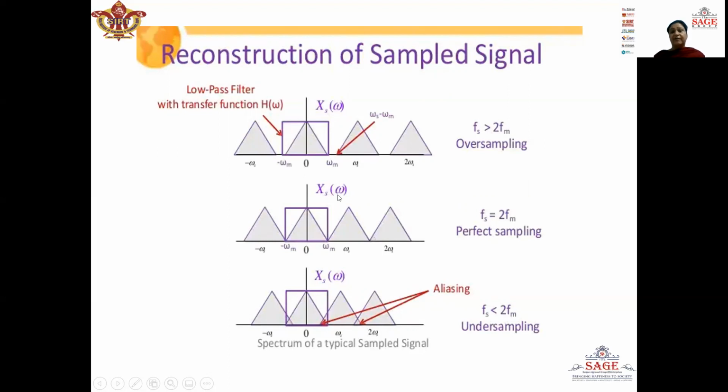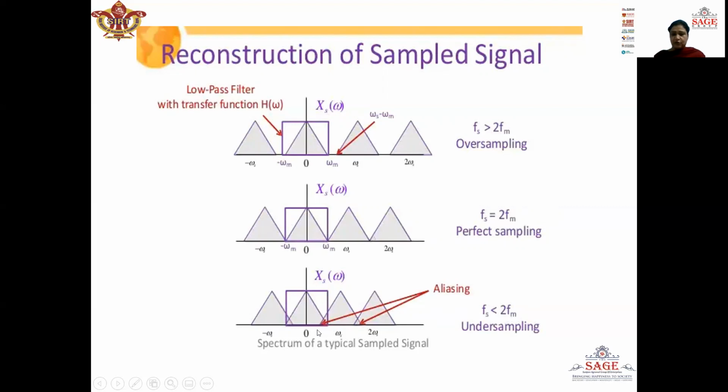Now, for recovery or reconstruction of the sampled signal, it is necessary that the sampling frequency fs should be greater than 2fm, or we can consider the sampling frequency at least equal to 2fm. But if we have a sampling frequency less than 2fm, in that case, the neighboring spectrums will overlap with each other and there will be loss of information.